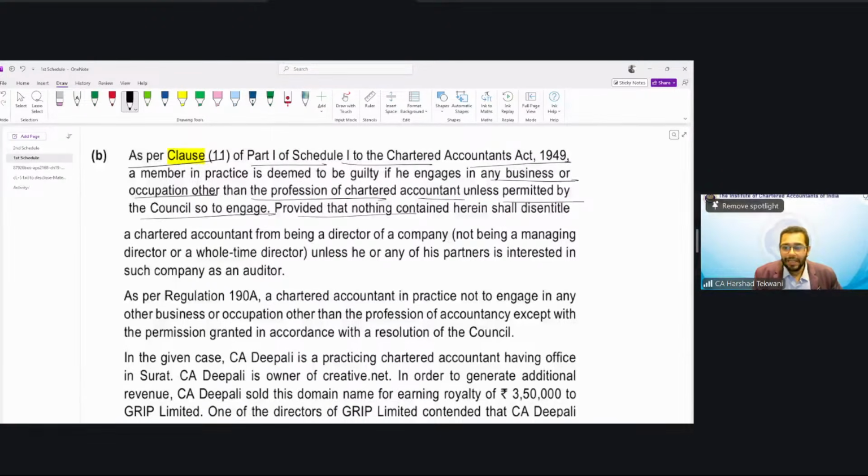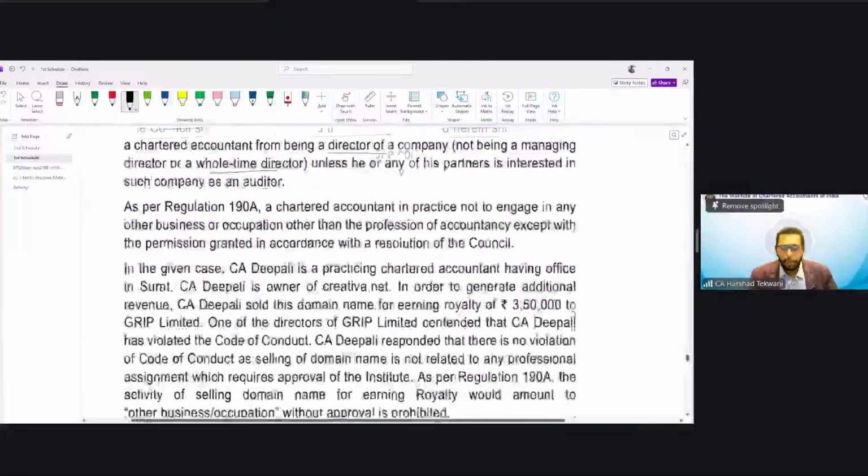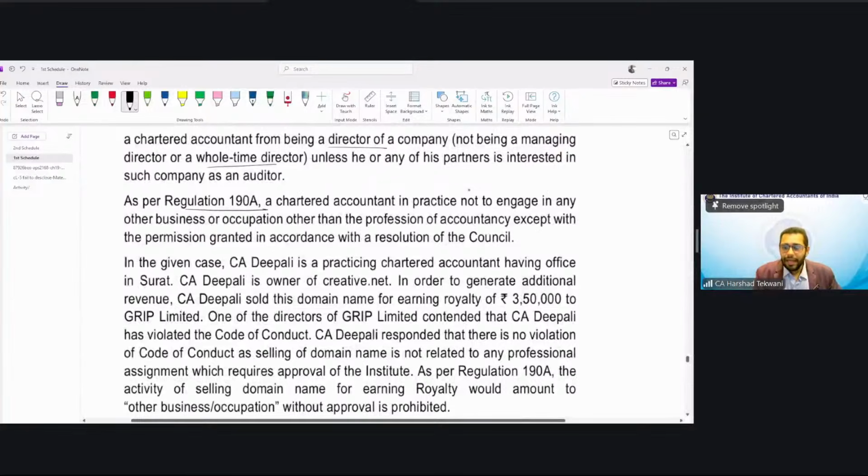So provided nothing shall disentitle him from being a director and whole time, like we have seen already about the director, whether he can be whole time or part managing director, all those things. Now again, regulation 190A, okay, that provides that unless and until you have a permission granted, you cannot engage in any other business or profession.